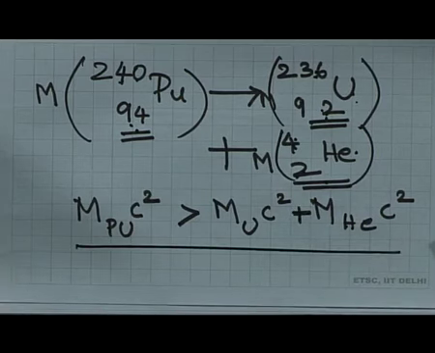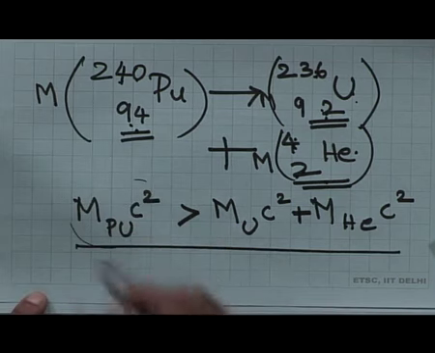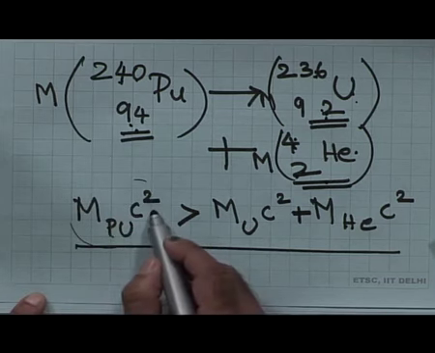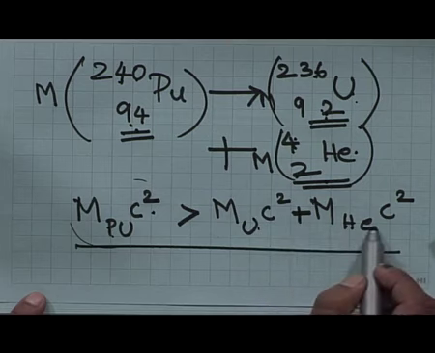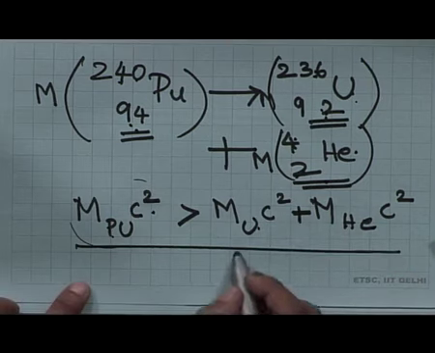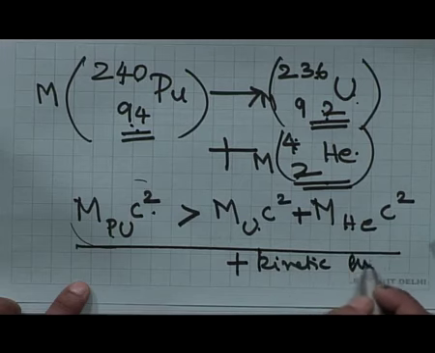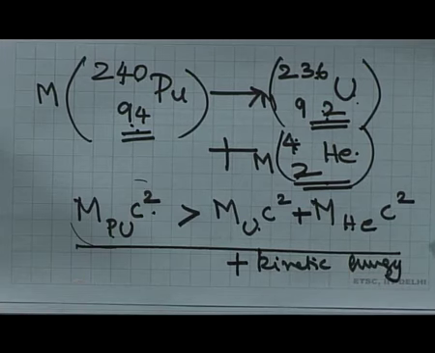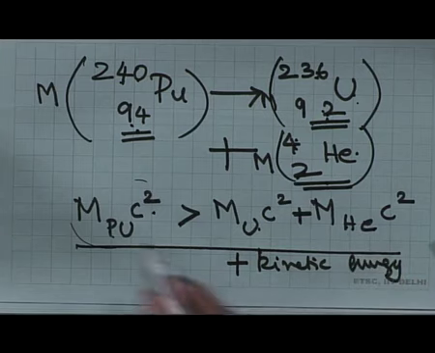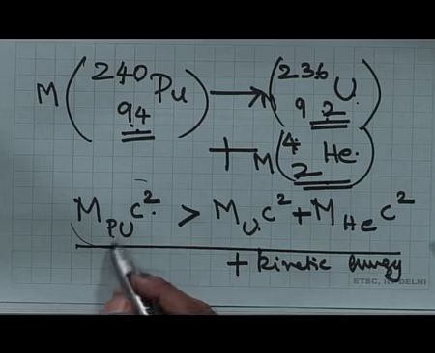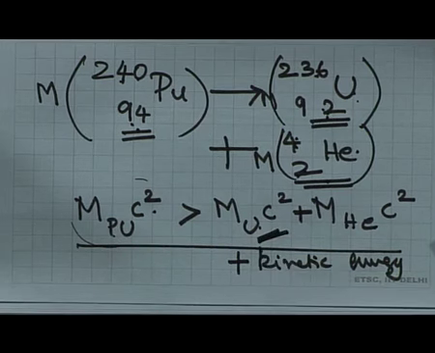So this decay was possible because the total energy contained in my original nucleus, M_Pu c squared, is greater than the rest energy contained in the products. So what is happening to the rest? It will go as kinetic energy. Remember, my alpha particle is produced with a certain momentum. If my nucleus is decaying at rest, there is a recoil momentum, so that goes as the kinetic energy of the 2 particles.